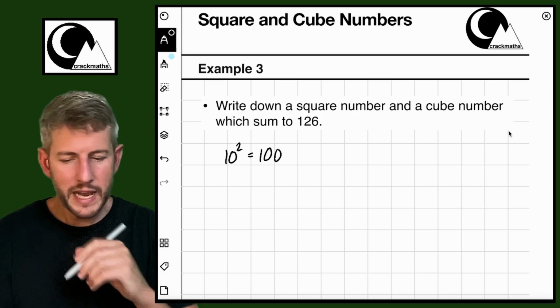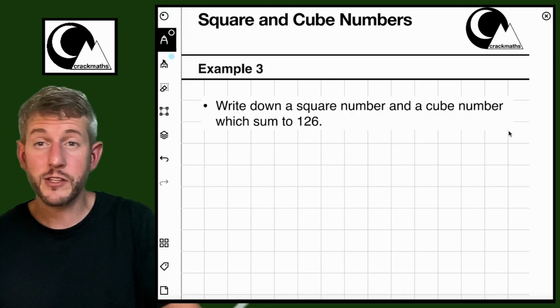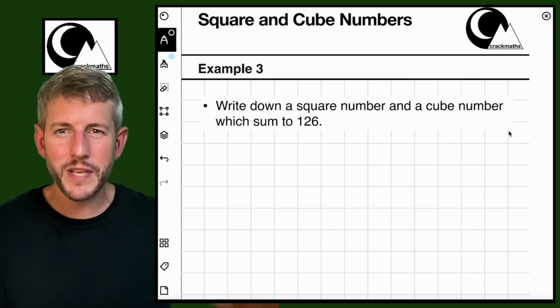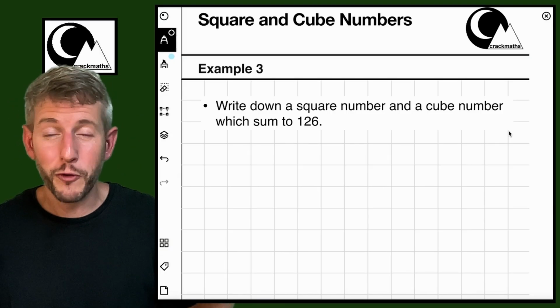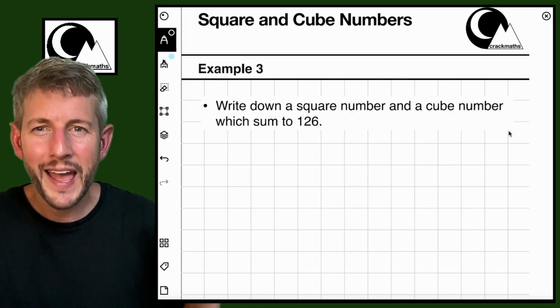Okay, let's think about some others. In fact, what I'm going to do is just write down the square numbers, write down the cube numbers, and see if anything pops out. If anything pops out to you before me, then perfect. Otherwise, let's just use an exhaustive method.